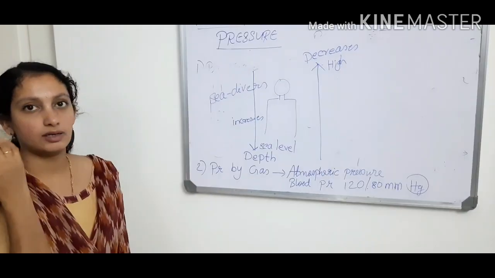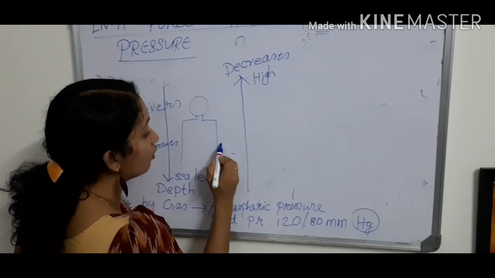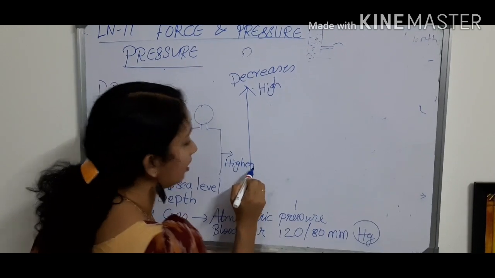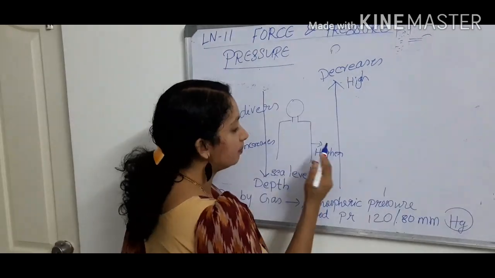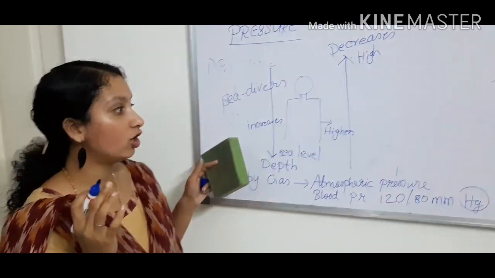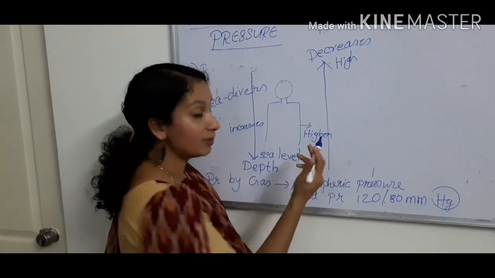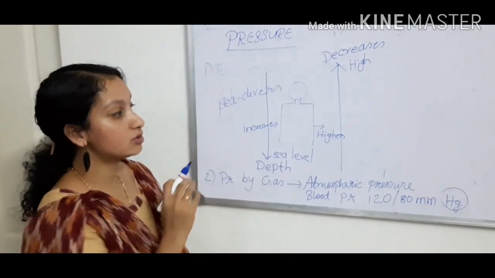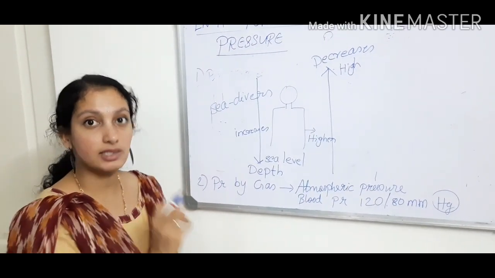If they go up or down, this is 120 per 80, but outside pressure is higher than the inside blood pressure. If it is higher, what happens? It makes the body muscles to crush or making us crushed. Why? Because the outside pressure is higher than the inside blood pressure. So they have to take precautionary equipments to balance it.